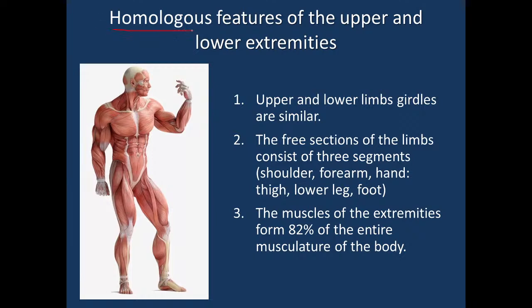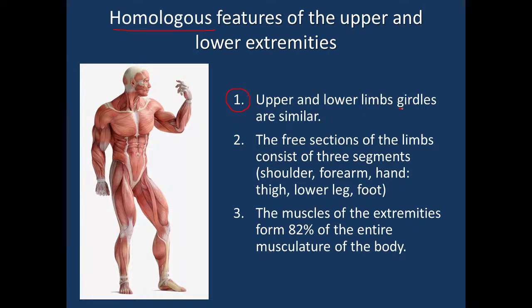When we talk about homologous, it means that the upper and lower limb have the same process of development, and we would accent that first feature is that upper and lower limb girdles are similar.